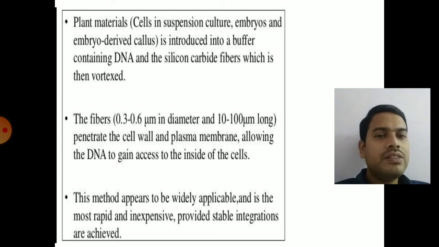The diameter will be around 0.3 to 0.6 micrometer and a length of 10 to 100 micrometer. The principle, as I told, is that they form punctures or penetrate the plasma membrane, allowing your foreign DNA into the cells. This method appears to be widely applicable and the most rapid and inexpensive method for integration of your foreign DNA into the target cells. So that is silicon carbide mediated gene transfer.